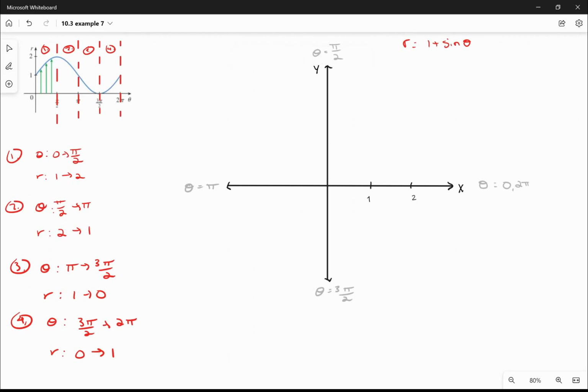So now let's actually graph the thing. We start at theta equals 0, so this is going to be this first part, and r is going to increase from 1 up to 2. I don't have it marked here, but let's say 2 is around here.